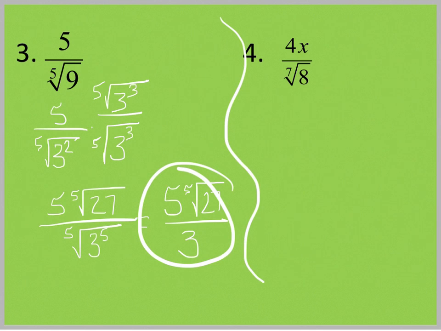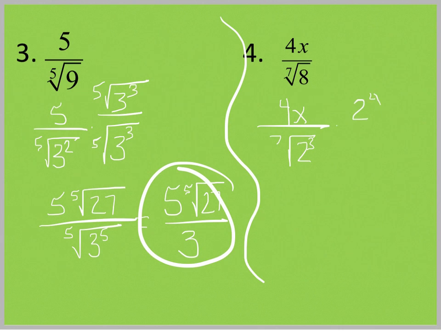Alright, let's take a look at the last example for this set. Again, notice my radicand is not a prime number, so let's think. How can we rewrite 8? Well, 8 is the same thing as 2 cubed. So I rewrite it as 2 cubed. So in this case, I need 7 2s. I already have 3, so I need 4 more 2s.